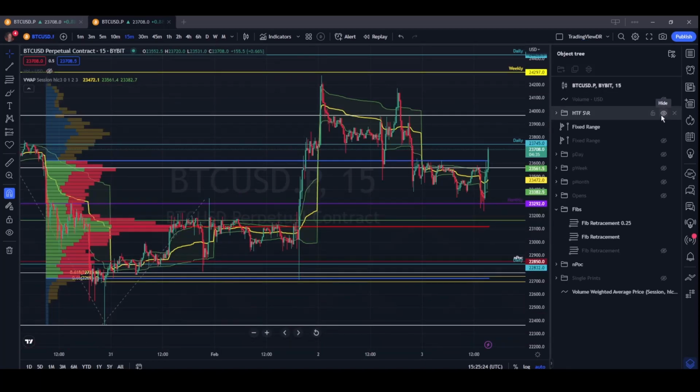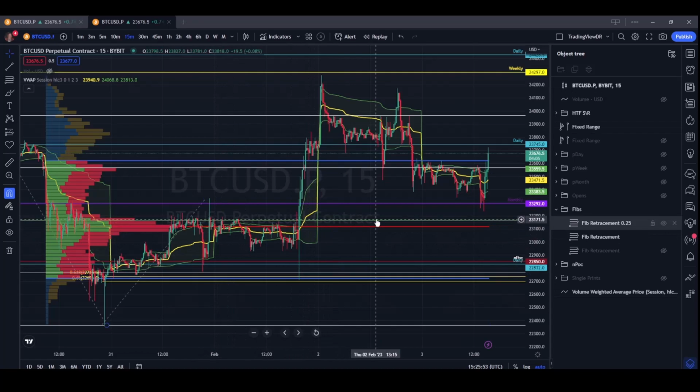Okay, on the 15-minute chart, you can see I've decluttered somewhat so far, not completely. I'd really like that weekly level to stay. It looks like a strong resistance. I probably could get rid of this daily unless I'm going to be scalping. Here is my value area high, value area low, and point of control.